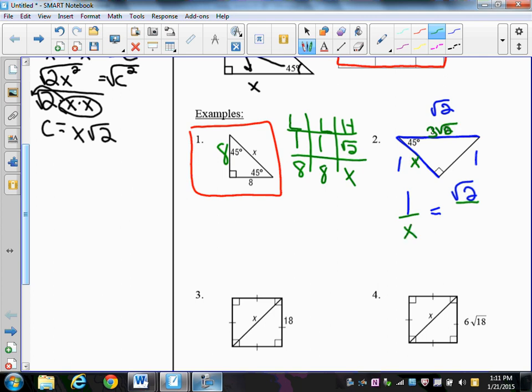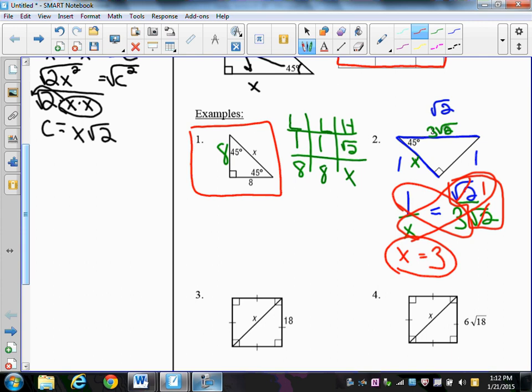So we have x and 3 times the square root of 2. So you might be thinking about cross multiplying. It's a little bit difficult, but if you think back to what you know about fractions, the square root of 2 over the square root of 2 is just 1 over 1, so those kind of go away. So now whenever I cross multiply, it's easy. x is equal to 3.